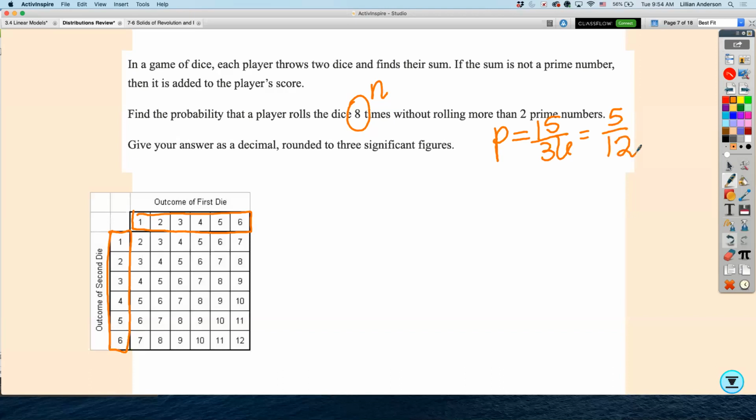That 15 over 36 represents the probability of getting a prime number.